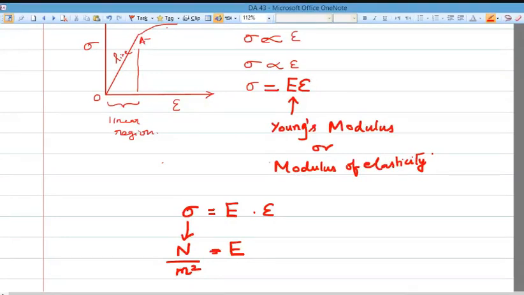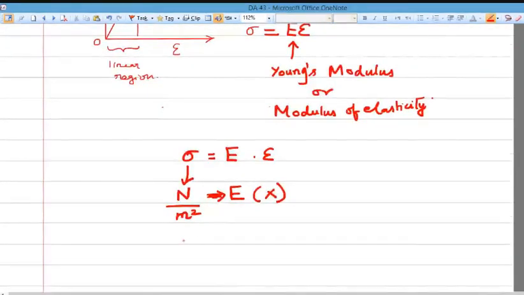To find the unit of Young's modulus, we keep E as it is, and strain has no unit. So the unit of Young's modulus is Newton per meter square.